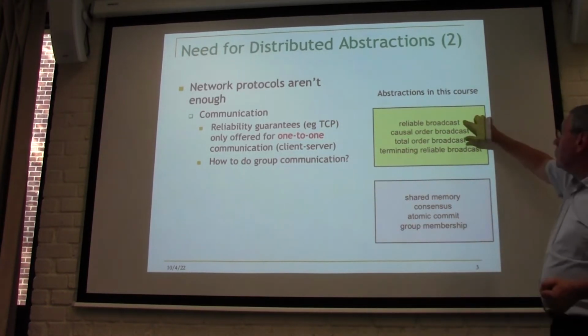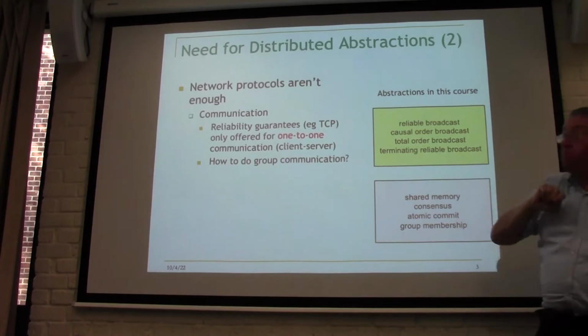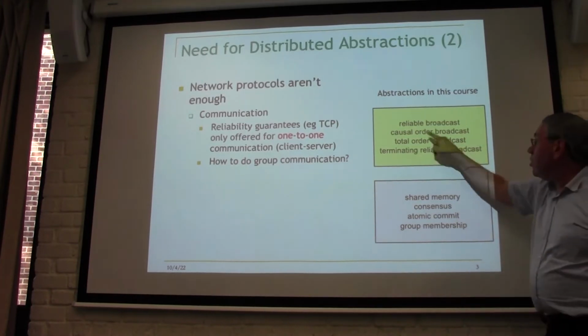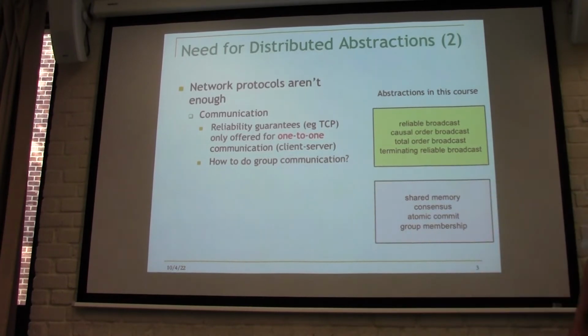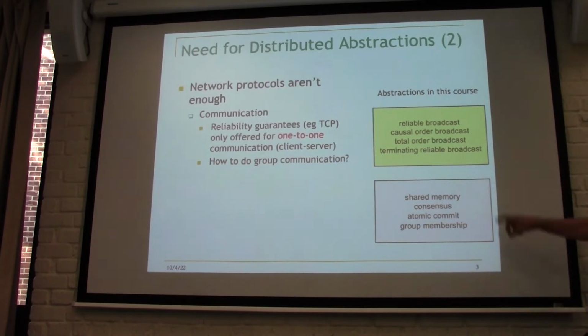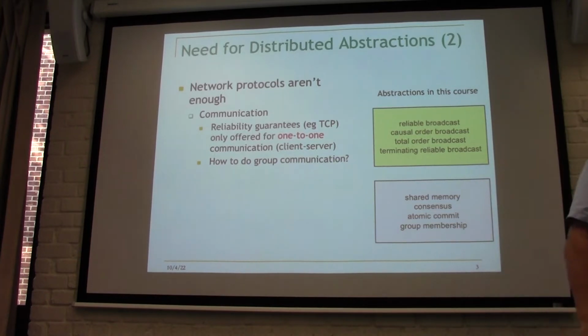Maybe we're interested in reliable broadcast, where all nodes are informed. Maybe we want the broadcast to respect causality, like we saw last week. That gives another element called causal order broadcast, or total order. Remember the very first lecture, I mentioned total order broadcast. And then a very interesting one called terminating reliable broadcast.